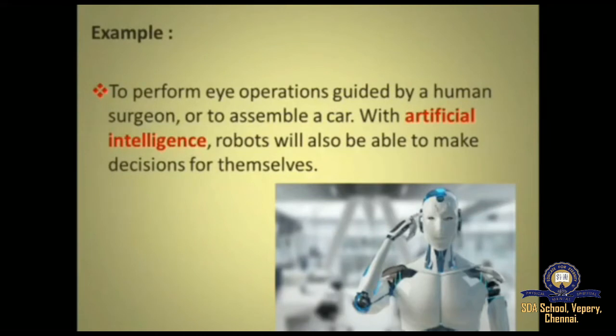With the use of artificial intelligence, the robots will be able to make decisions for themselves.